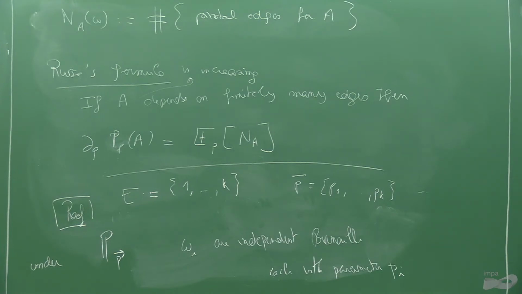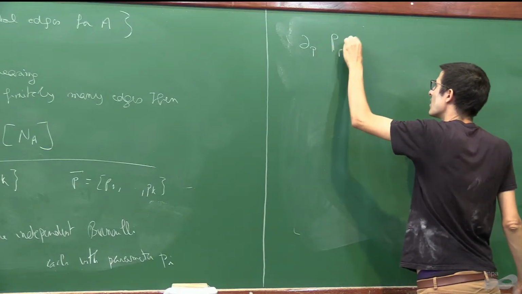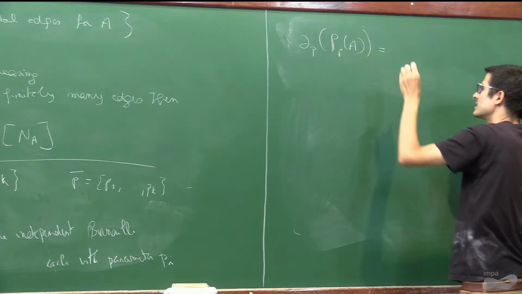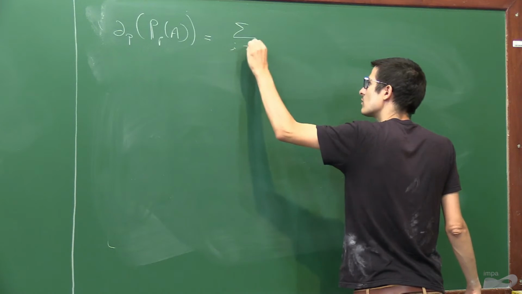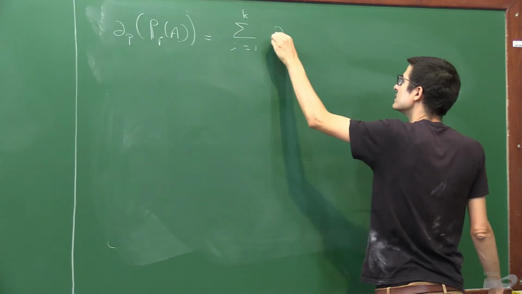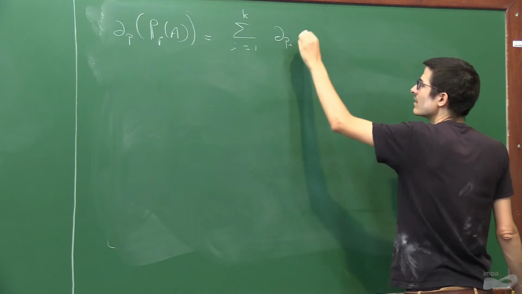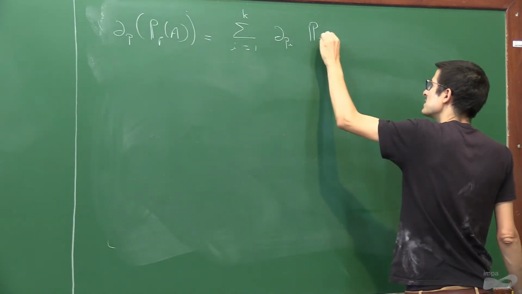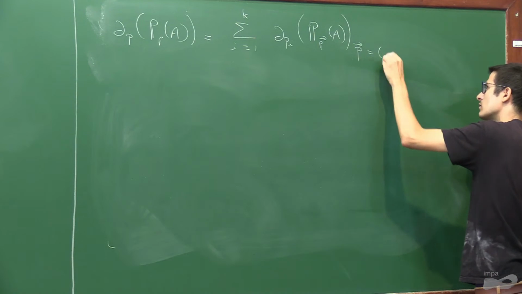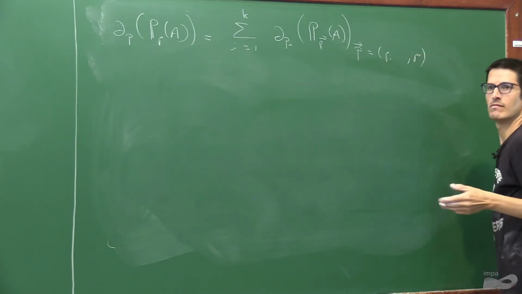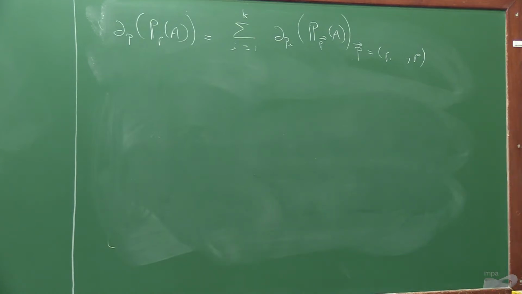Okay, so now what I have is that d/dp of P_p of A is equal to the sum from i equal 1 to k of the partial derivative with respect to p_i of P_p of A, at p equals p.